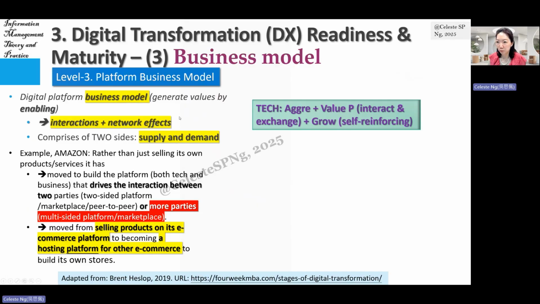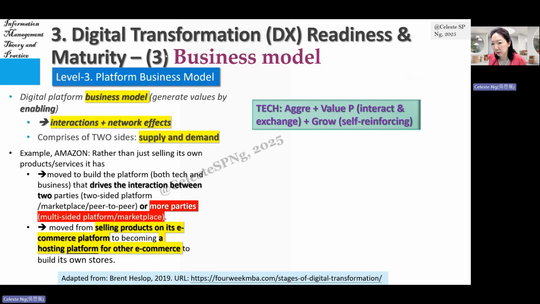Then more supply side players create more players coming from the demand side, and this continues as a self-renewal and self-reinforcing mechanism that happens by itself.